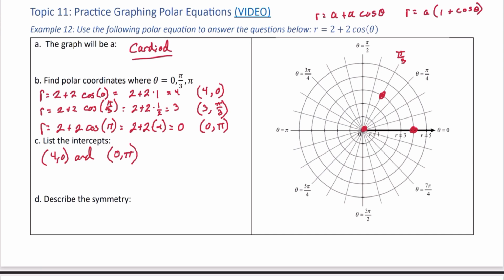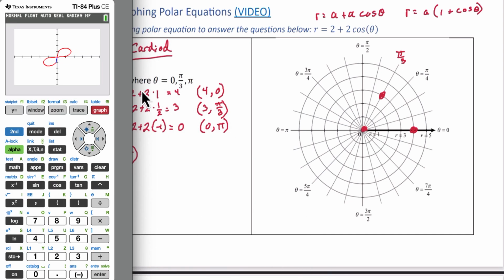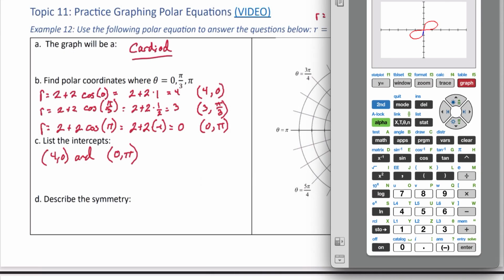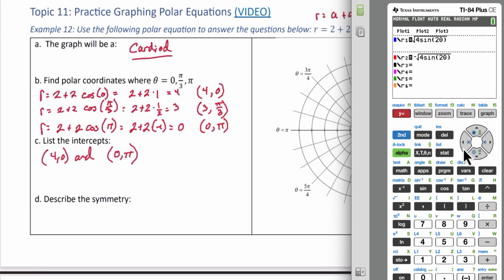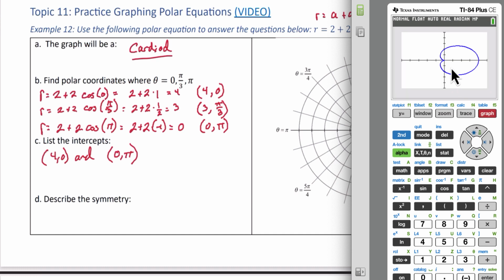To describe the symmetry, let's go to the calculator. And let's type in the equation. That is 2 plus 2 cosine theta. Looks like we have a cardioid that is symmetric about the polar axis.